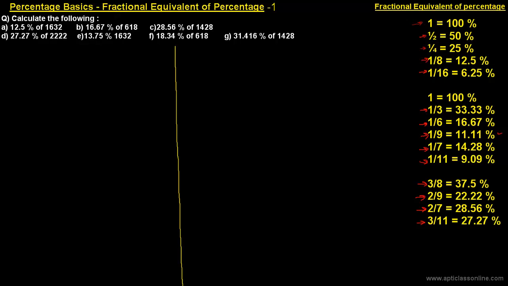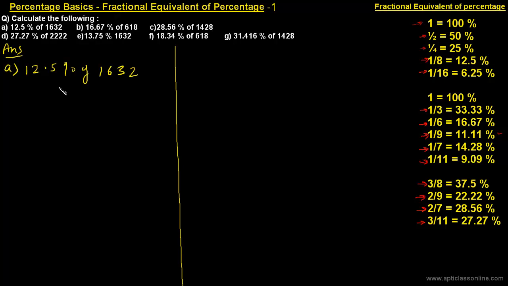So we will first see the application of these fractional equivalents to these similar examples. Let's discuss the question number 1, part A. Here we have to find out 12.5% of 1632.